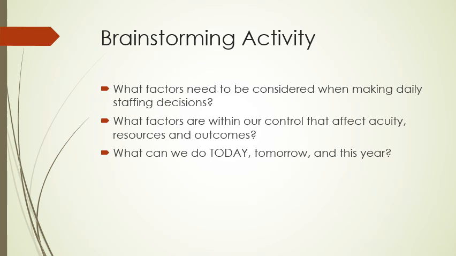So for our brainstorming activity, I ask you these 3 questions. And for those of you who were not here in the webinar or in the Zoom meeting, I encourage you to answer these questions, think about them, and then send your answers to me by email. So what factors need to be considered when making daily staffing decisions?